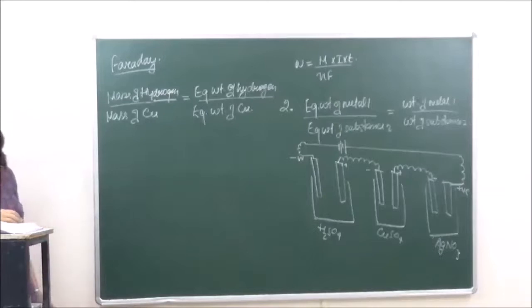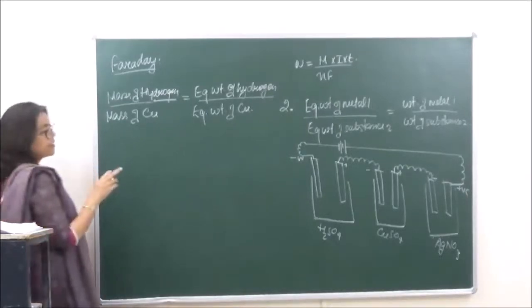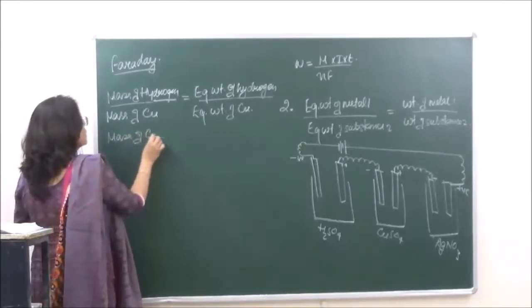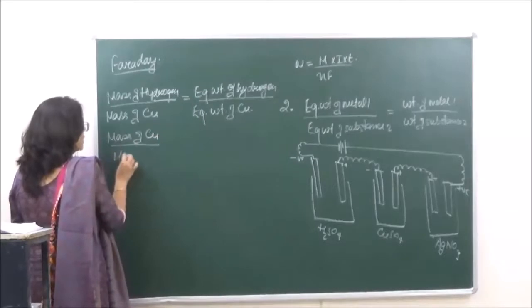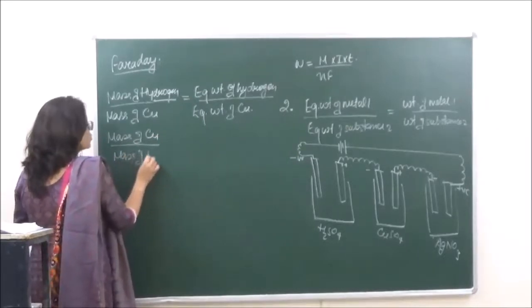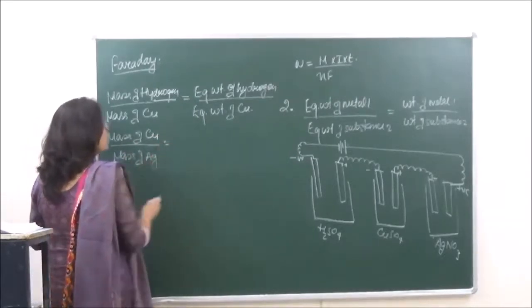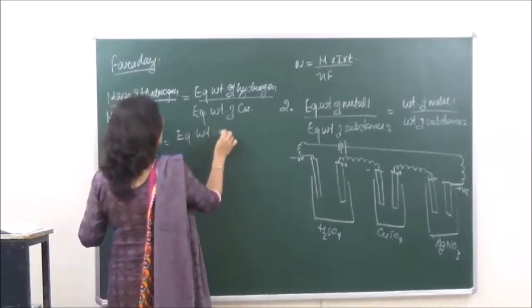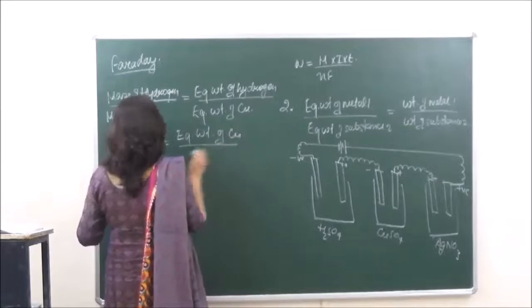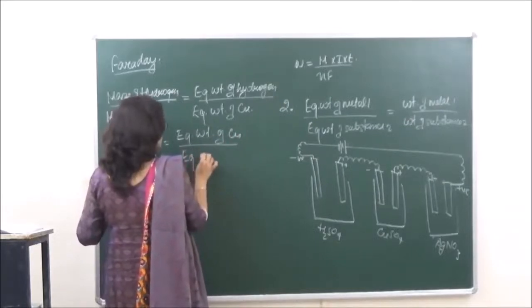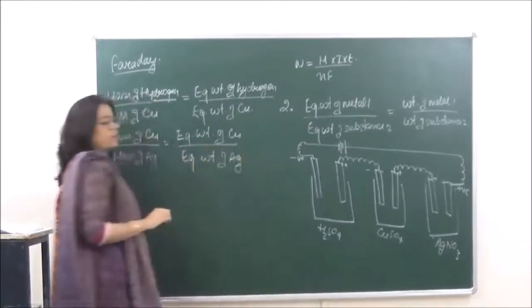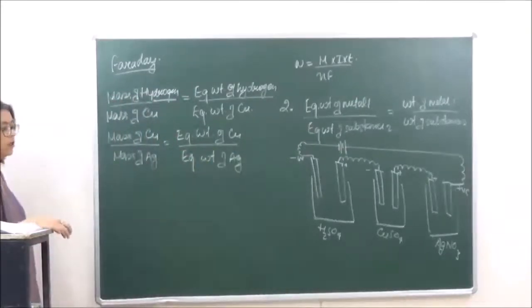Got it? Similarly, if we are talking of silver and copper, then the mass of copper upon the mass of silver is equal to the equivalent weight of copper upon the equivalent weight of silver. Got it?